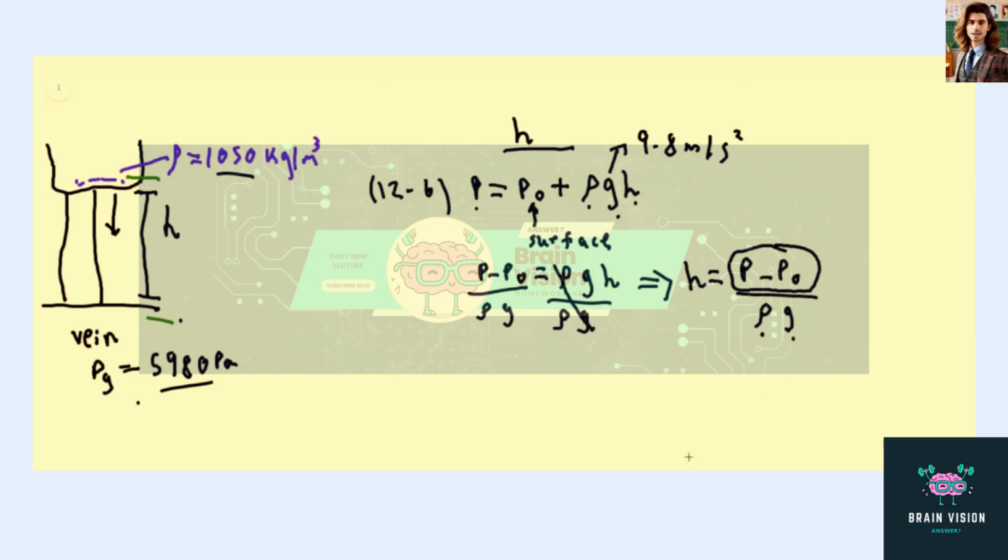So looking into these terms, this is actually the gauge pressure. So what we're saying is, another way to write this in terms of our variables that we have is P minus P naught. So we have everything we need. So let's go ahead and plug these values in and solve for H.